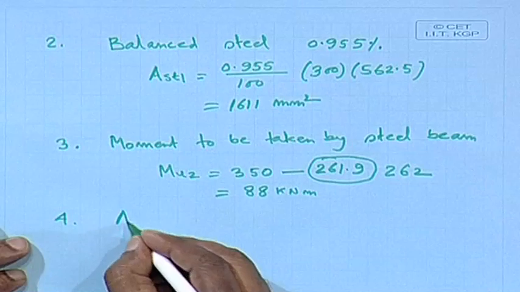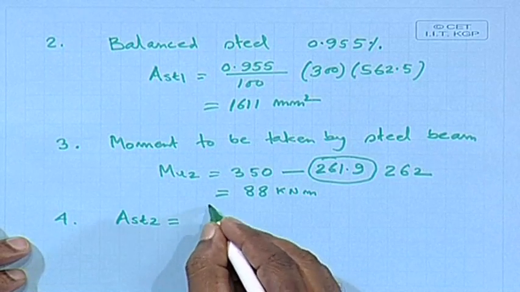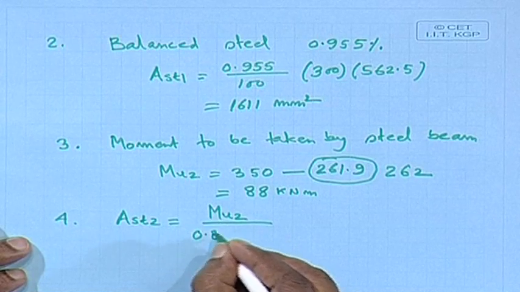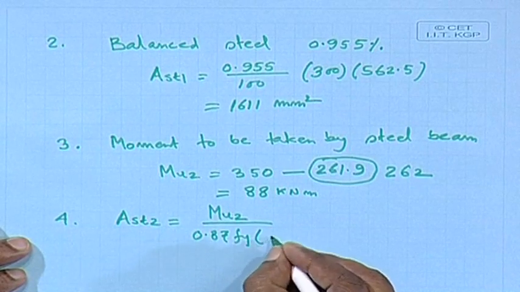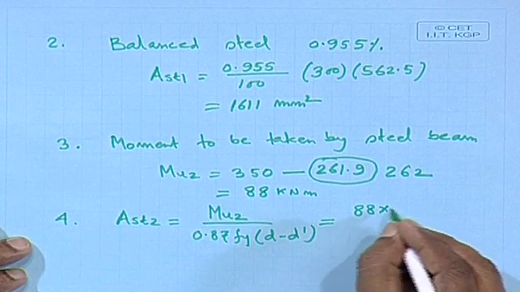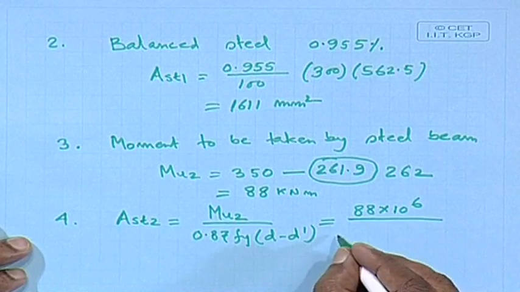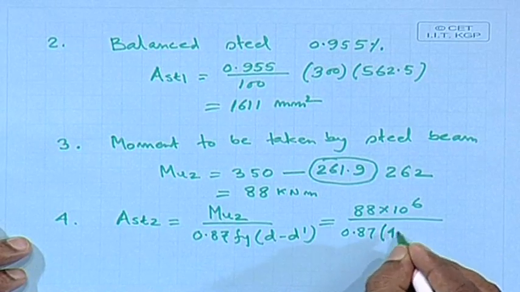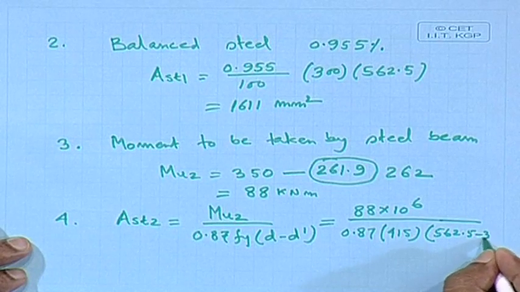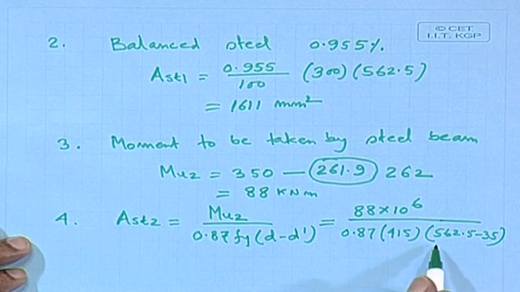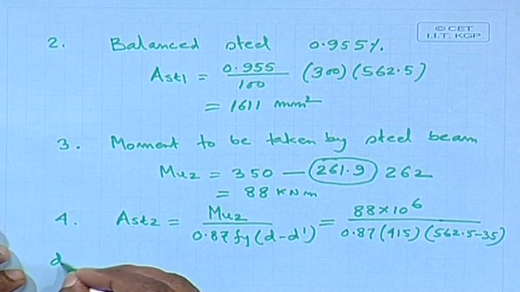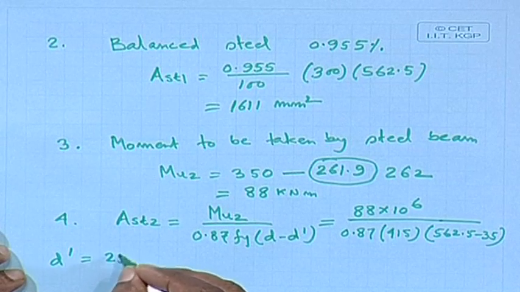What about the area of steel 2? Ast2 will be equal to Mu2 divided by 0.87 fy (d minus d dash), equal to 88 times 10 to the power 6 by 0.87 times 415 times (562.5 minus 35), d dash equal to 35.